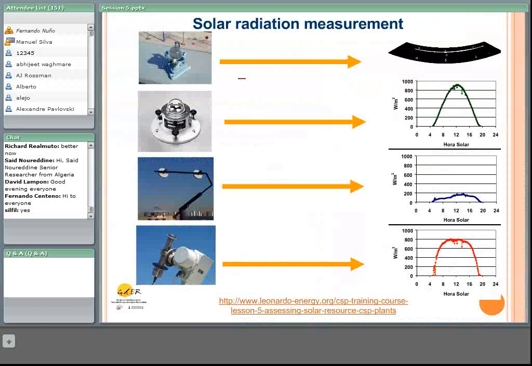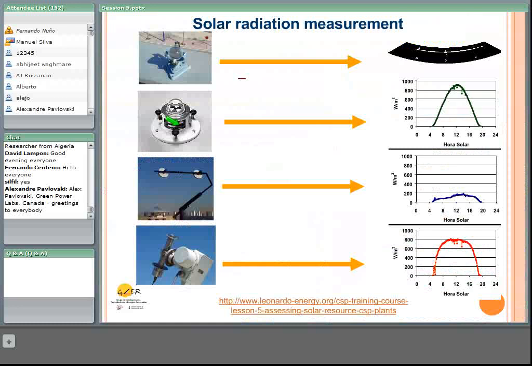It's a very rudimentary instrument, but it's interesting because there are long series of sunshine duration all over the world, more or less, because of the simplicity of this instrument. And at least for statistical purposes, it's an interesting measurement.